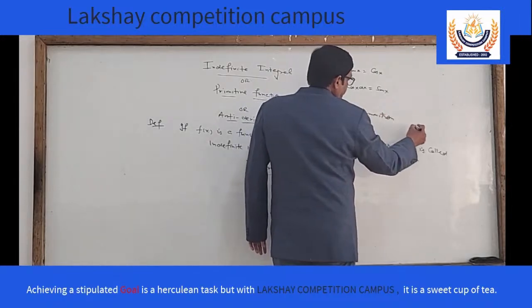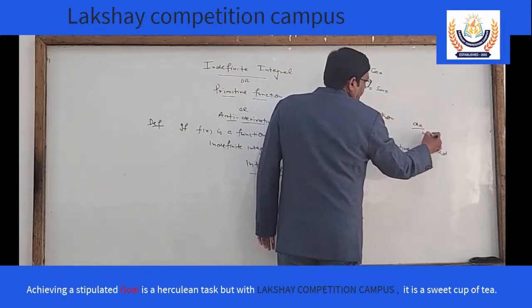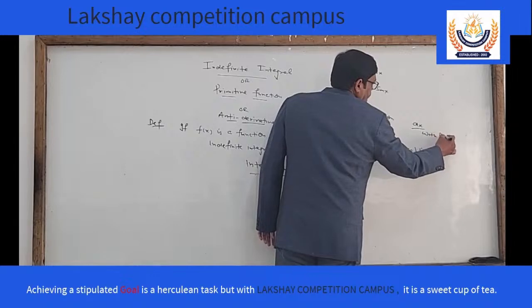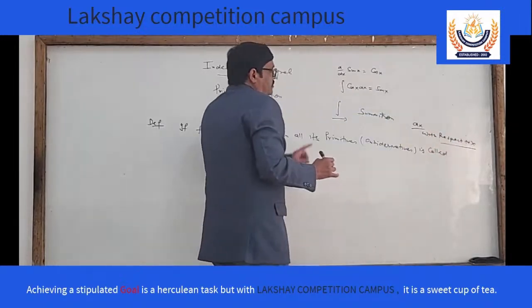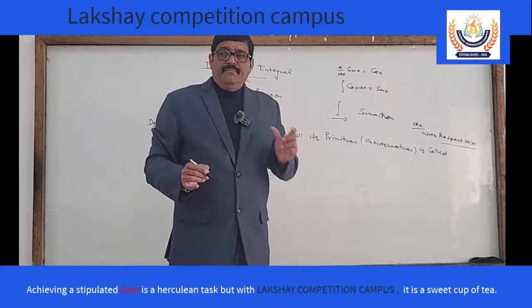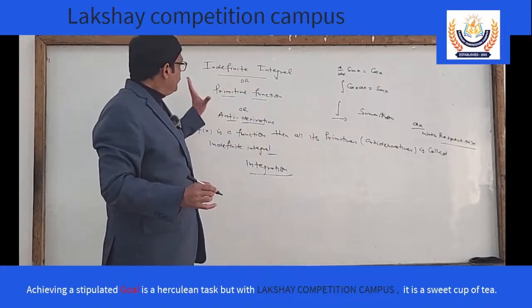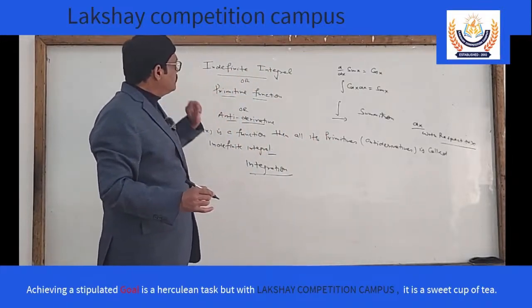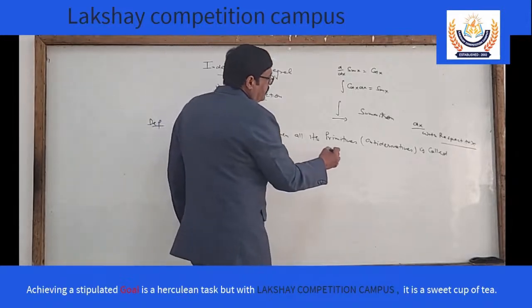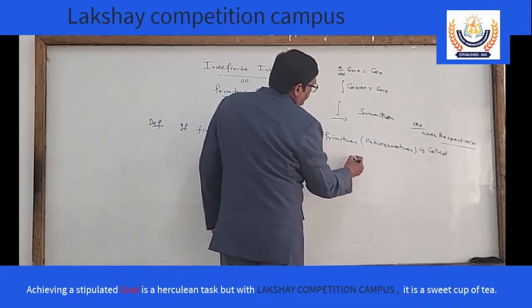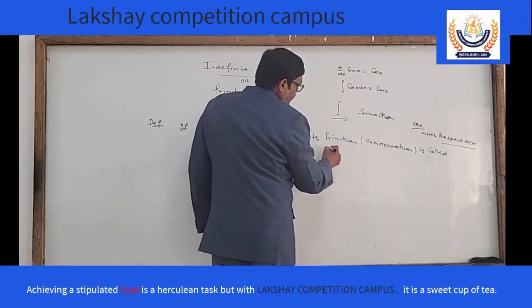And this dx means with respect to x. So this is the integration symbol, and we are finding the problems based on indefinite integrals. In indefinite integrals, we always add constant c. Why we add that one? I also told you.